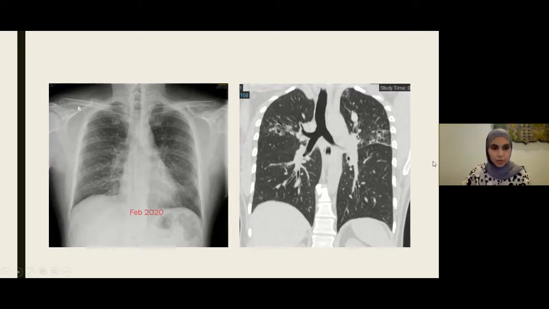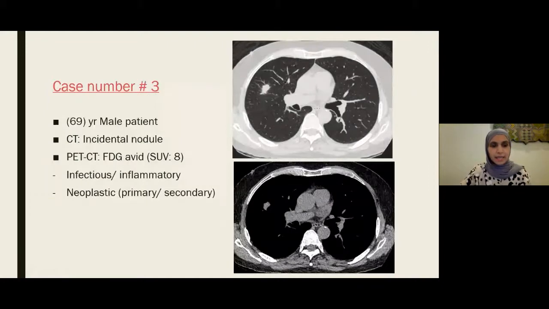Case number 3. This is a 69-year-old male patient with an incidental nodule in the right upper lobe. This nodule was FDG avid with a high SUV value. The differential diagnosis for such an appearance is infectious and inflammatory versus neoplastic.